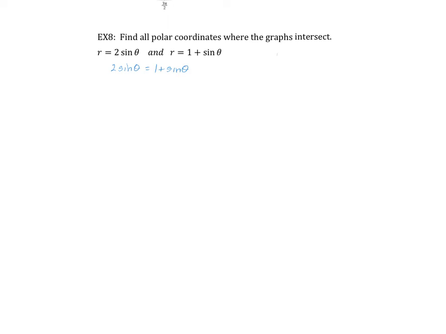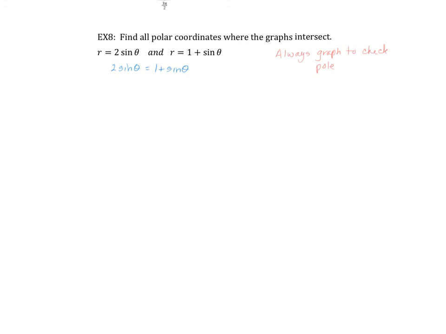So you always graph your equations to see if the graphs intersect at the pole. So you want to check the pole to see if they intersect at the pole.